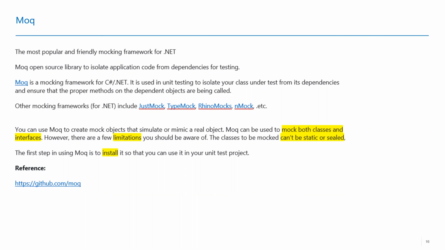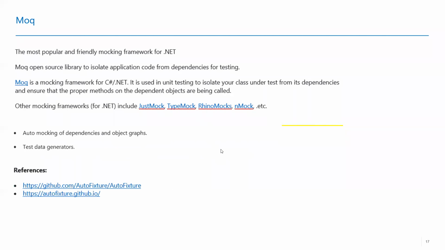You can use NUnit or xUnit or MSTest, but the mock is common for all those scenarios. So basically it mocks all your classes and interfaces, and there are some limitations, like you cannot do that with static or sealed classes, but that's the limitation with the mock.